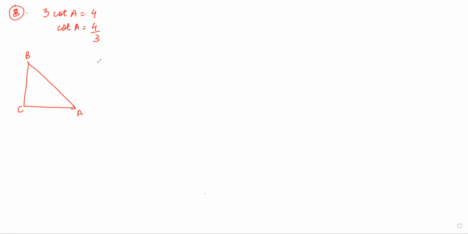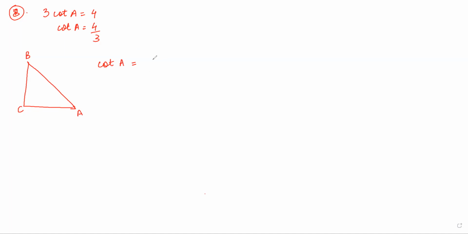Now write the trigonometry ratio for cot of A. What is cot of A? Tell me what is the formula. What is the relationship of cot and the sides of the triangle? Cot equal to 1 by tan.